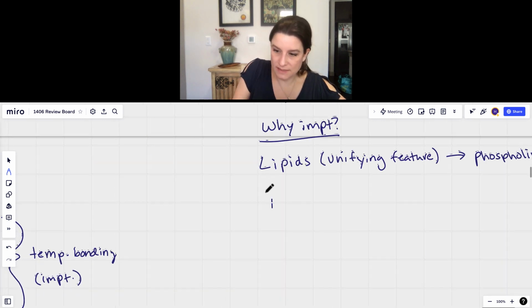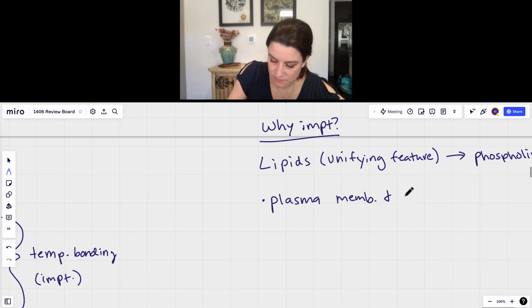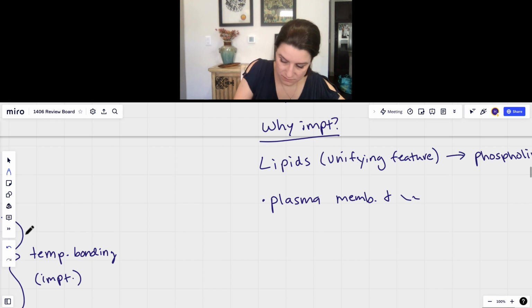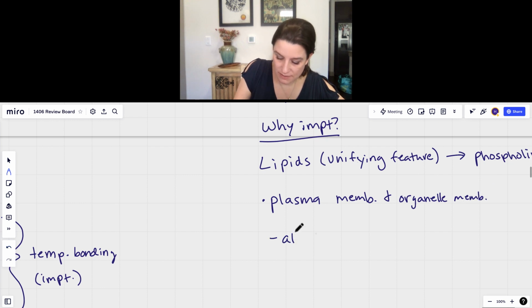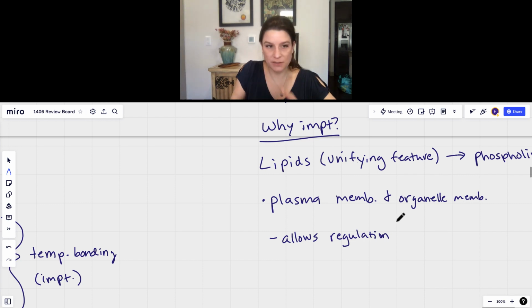So why is this important? This is important for the plasma membrane and membrane-bound organelles, because it allows regulation of what goes in and out. Without these hydrophobic, hydrophilic parts, that's not going to happen, especially the hydrophobic part.